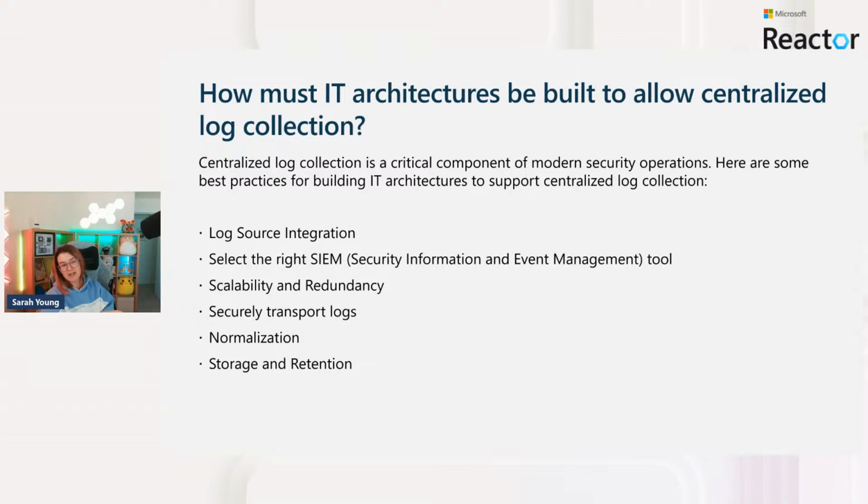In terms of scalability and redundancy, you probably know that since cloud, we've had this huge explosion of what we call telemetry. So that can be logs, it can be other signals coming from different parts of an environment. And telemetry is noisy and it is intense.